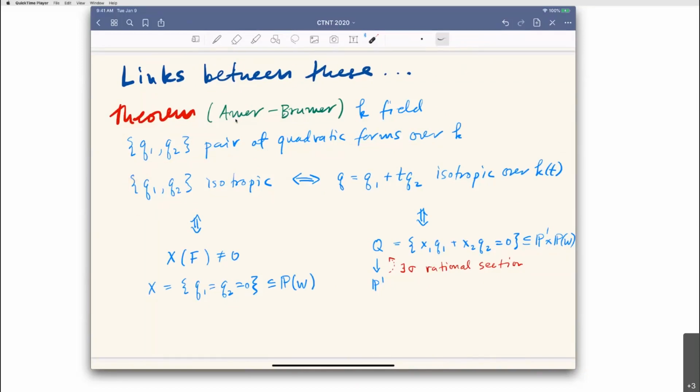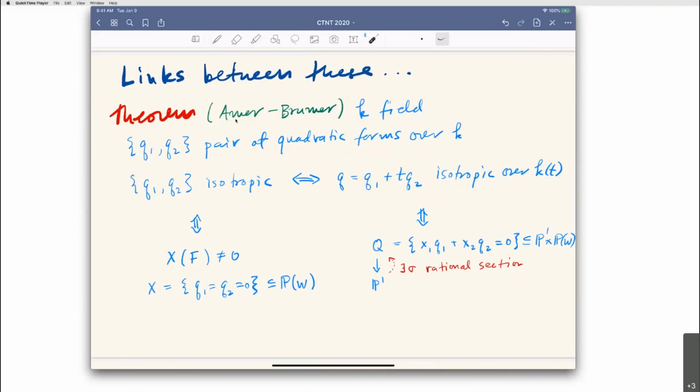in the sense that we had before, that the pair has a non-trivial common zero, if and only if the quadratic form that you would form by introducing a new transcendental variable t and taking Q1 plus tQ2, and thinking of that as a quadratic form over the field of rational functions over K, is isotropic over that field.